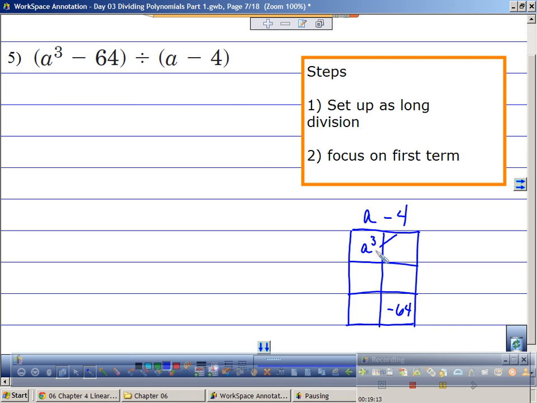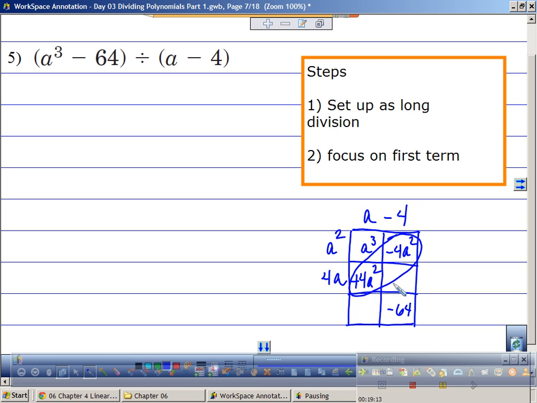They canceled out, right? Because think about it. This would have to be A squared, right? A squared times A is A cubed. Then what's this? Negative 4A squared. And what would this have to be to cancel it out? Positive 4A squared. Right? So then what's this here? 4A.